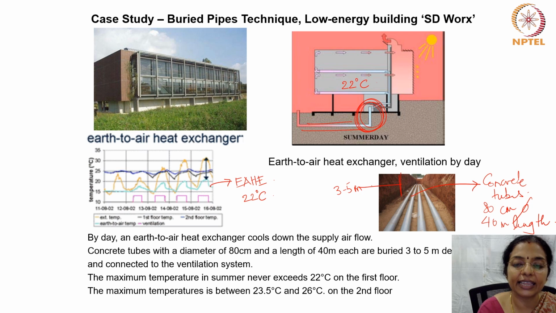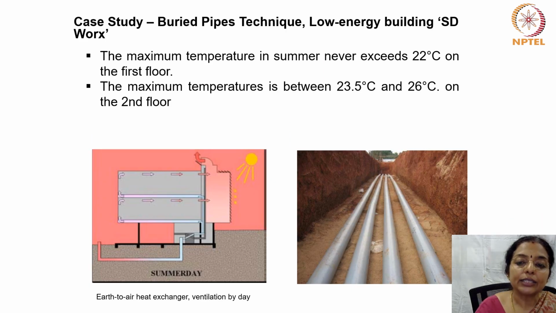And on the second floor, it is always between 23.5 to 26 degrees centigrade. This is during the summer period. So you can see the humongous amount of energy savings that can happen because of using earth-air tunnels.